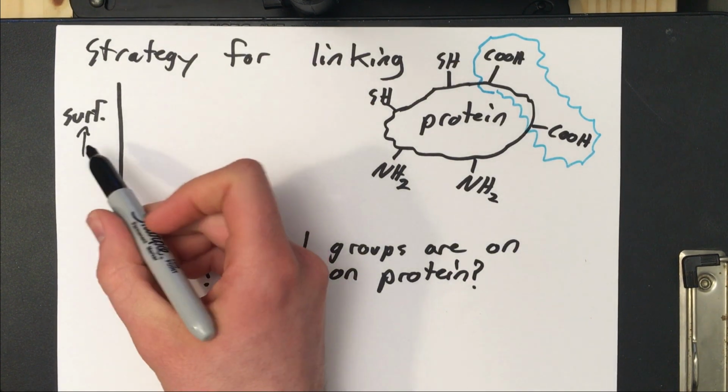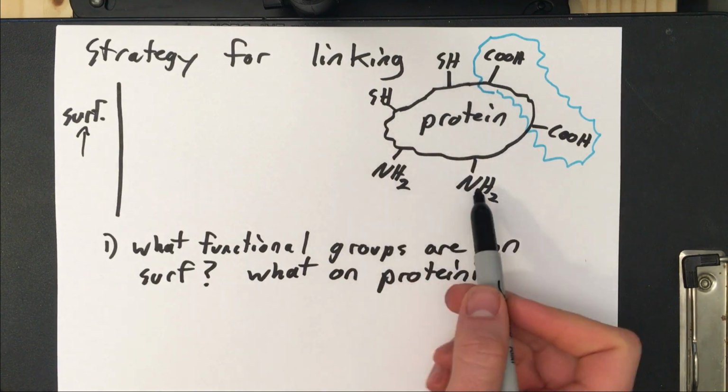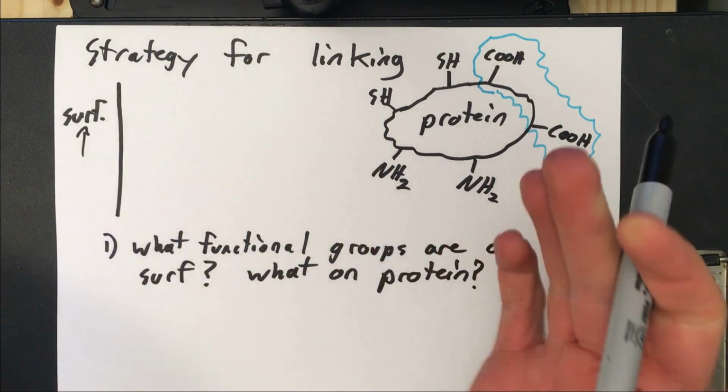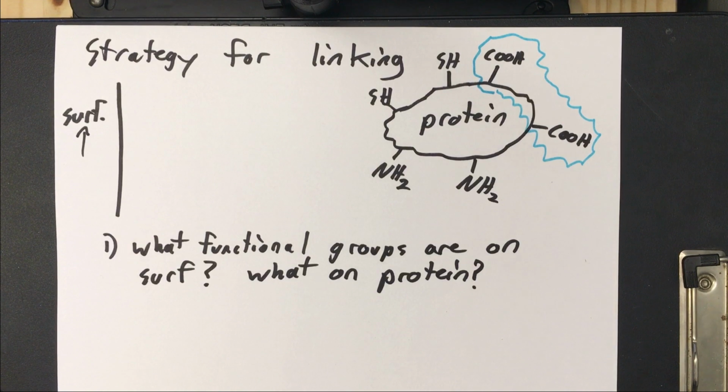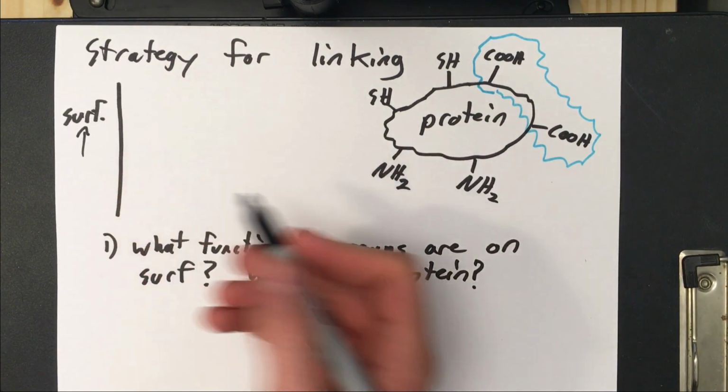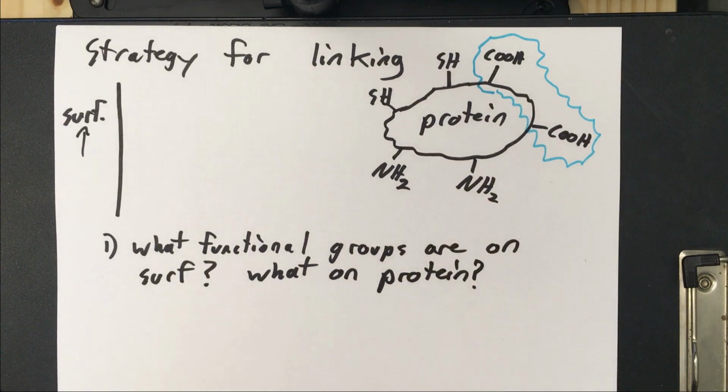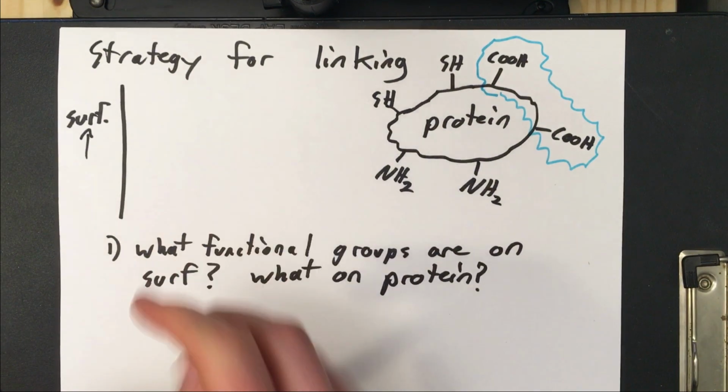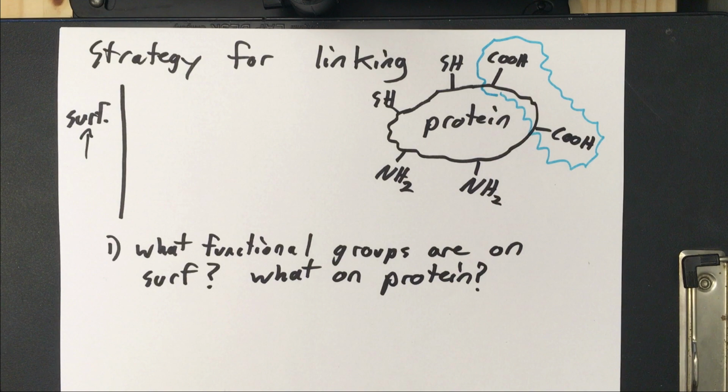But just know that the surface might have SH groups or NH2 groups or COOH groups, or potentially different types of proteins as well. So the surface has some functional groups, the protein has some functional groups, and we basically need to create a link between them.